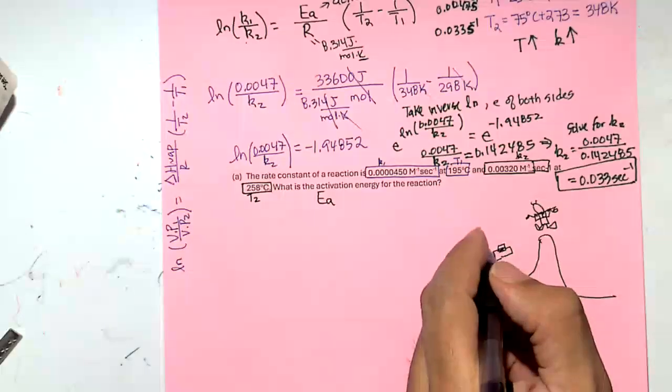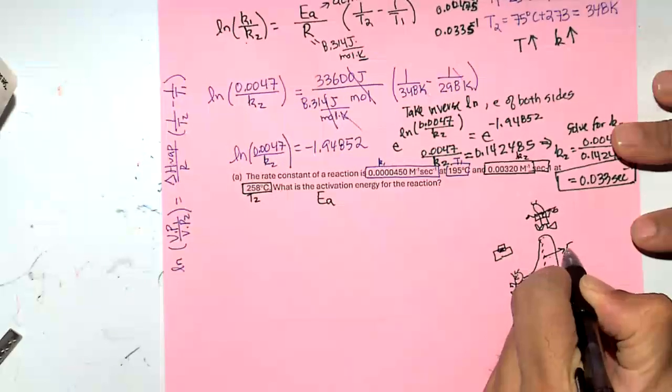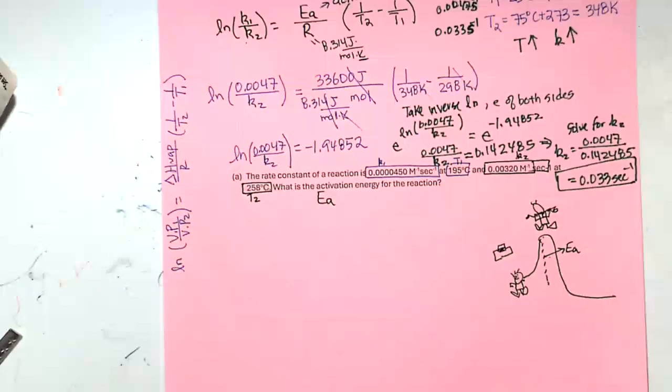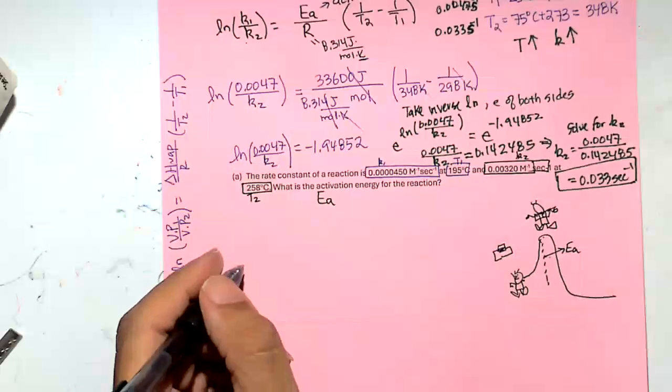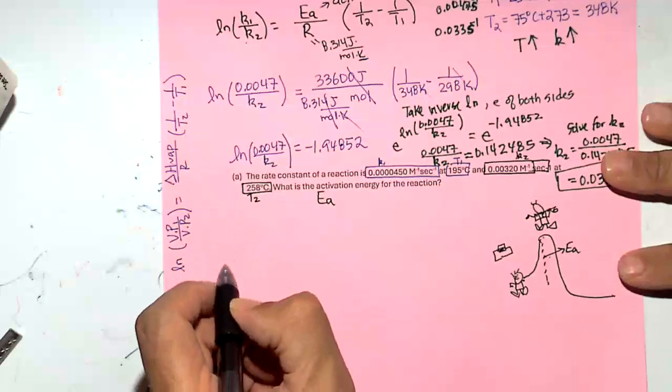So the activation energy is a hump, before you get to products.